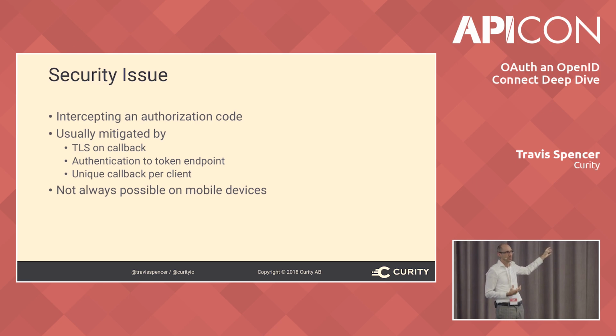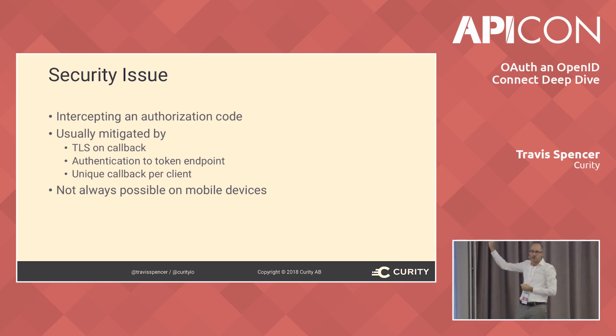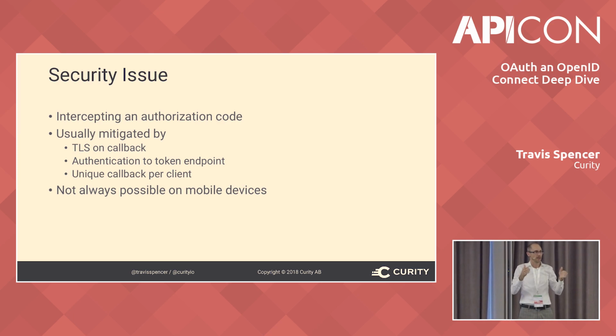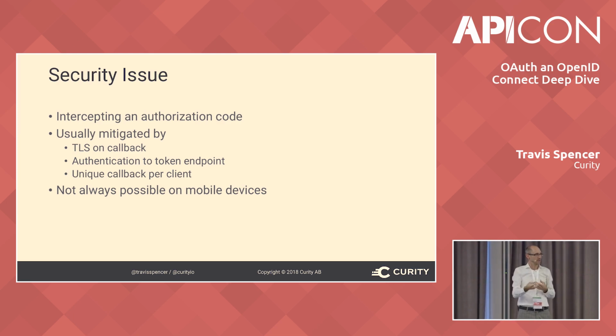In the Python case, I was running on TLS, so that's scrambled and I can't get access to that authorization code. The other is that the token endpoint needs to be authenticated, and there was nothing between my Python app and my OAuth server, but in some environments that's not the case. There could be some sort of man in the middle who is gaining access to that authorization code.